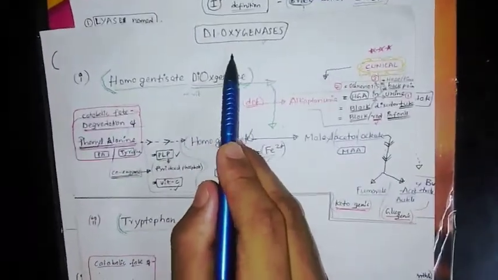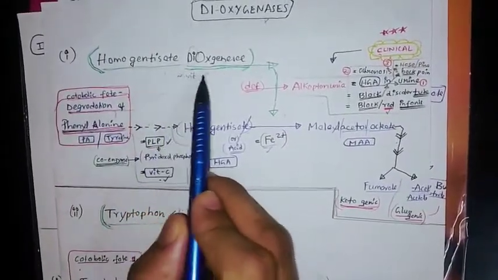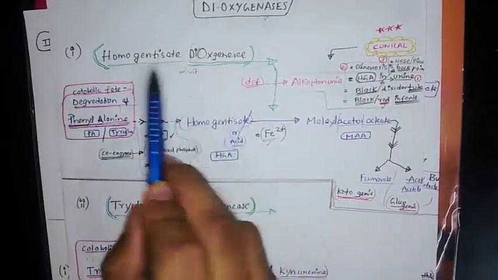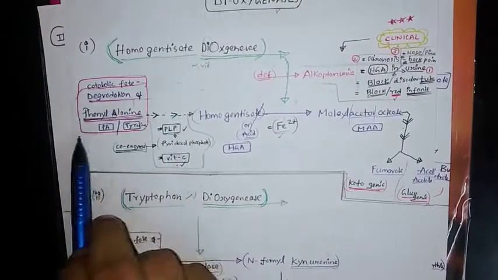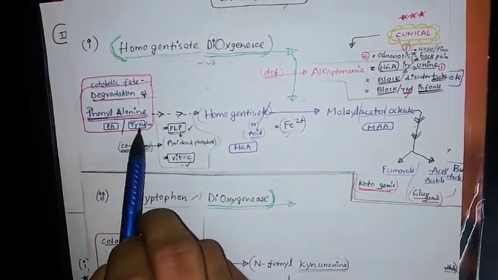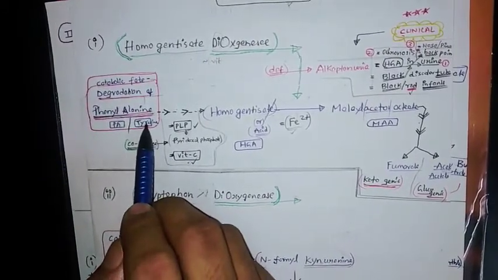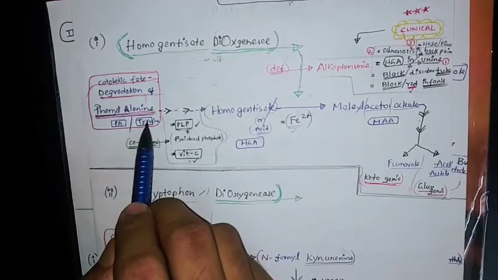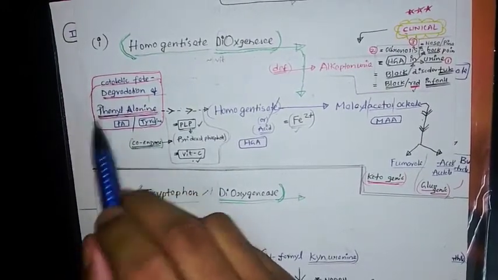Coming to dioxygenase, we have the first example, homogentisate dioxygenase. Homogentisate dioxygenase is utilized in the degradation of phenylalanine or tyrosine. You know that we already completed the catabolic fate of tyrosine, in which we got two main products, catecholamines and melanin.